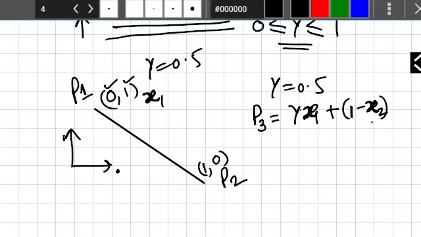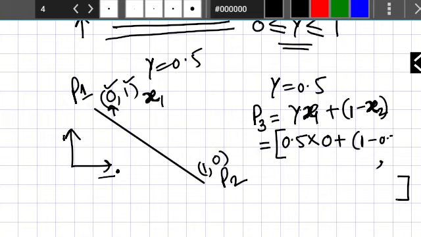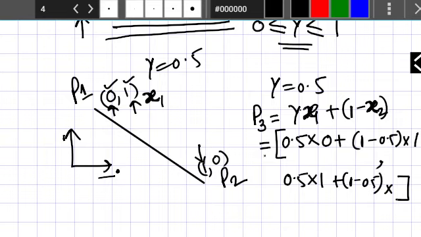Now if you apply this here, how will you find this point? Because the point has 2 components, we will make it like this: this is the x part and the y part. For the x part we will take 0.5 into 0 plus (1 minus 0.5) into the x value of point 1, and next we define the y part: 0.5 into 1 plus (1 minus 0.5) into 0.